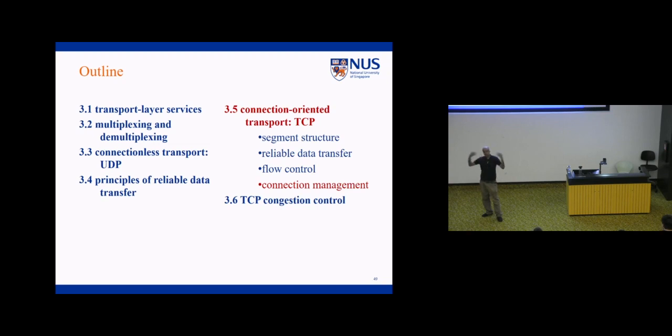So before you can actually send the data, TCP will first check with this receiver whether it's willing to accept your data or not. So it will set up a connection. And just like you need to set up a connection at the beginning, once your transaction is done, you have transferred all the data that you wanted, you should also close down the connection. So there's a TCP teardown or TCP connection closing part also. So we'll look at both of them.